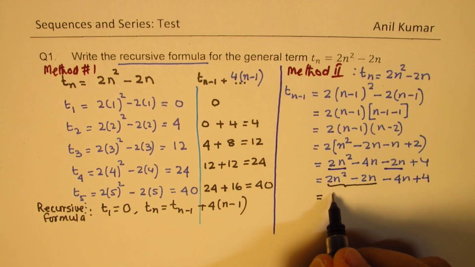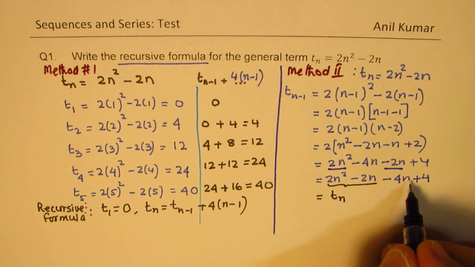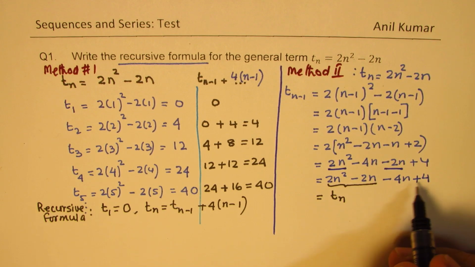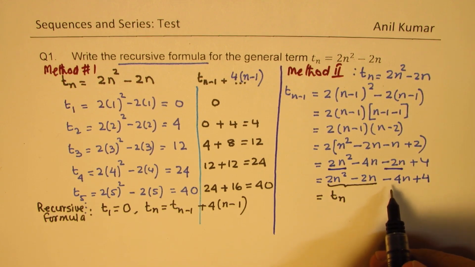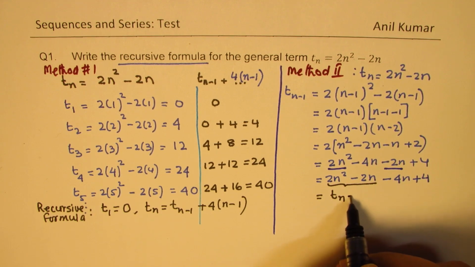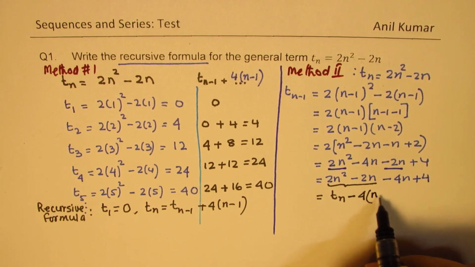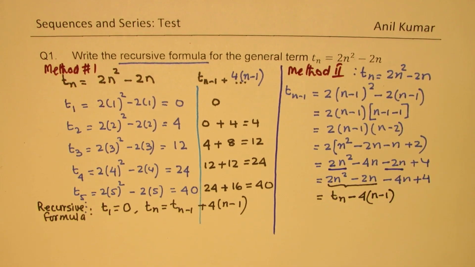So we could now write this as tn, and here, well, we can take minus 4 common, right? So we get n minus 1 here, correct? So tn minus 1 is tn minus 4 times n minus 1.